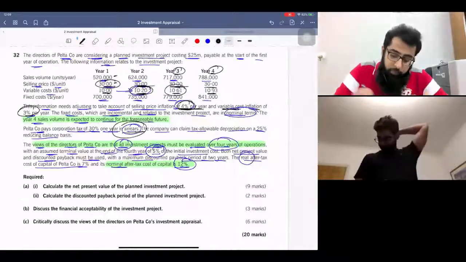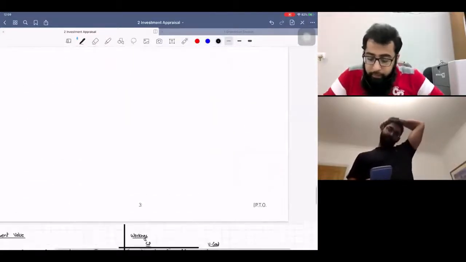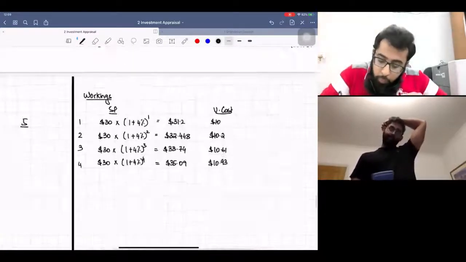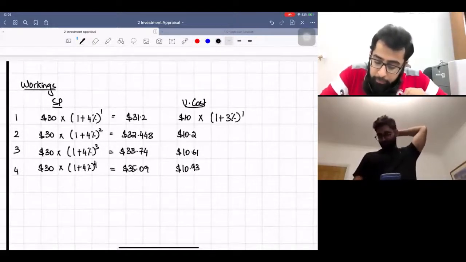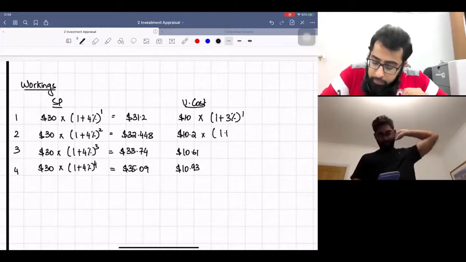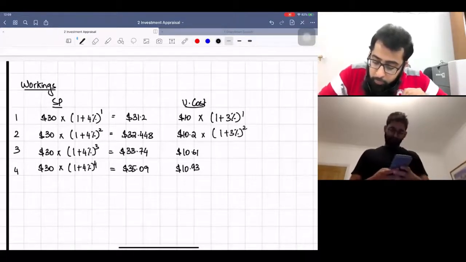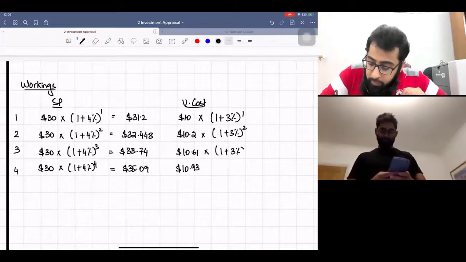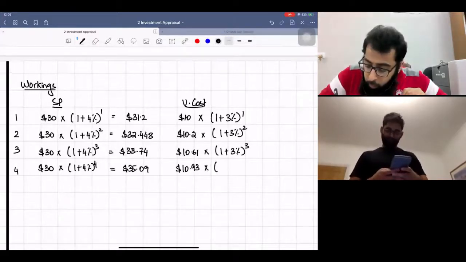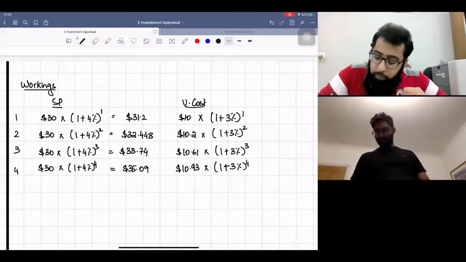Same thing: power. 1 plus 3% power 1, 1 plus 3% power 2, 1 plus 3% power 3, and 1 plus 3% power 4.